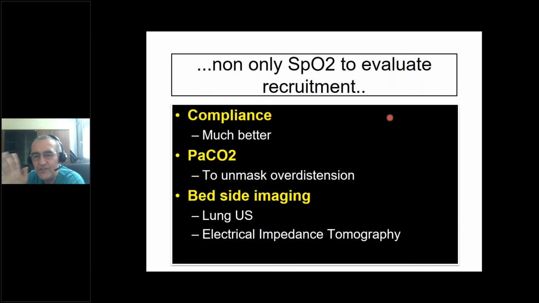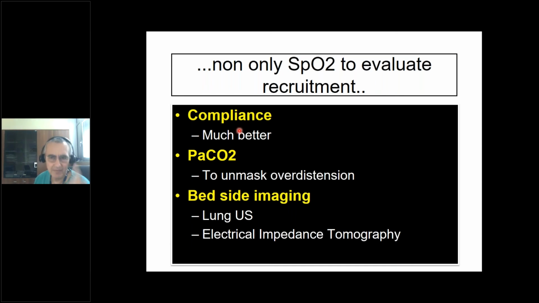I talk about saturation and PO2. This is the most convenient, easiest, but I do not think it is the best way to evaluate recruitability. PO2 is influenced by many factors, not only recruitment, but metabolic and circulatory ones. So maybe it is much better to evaluate changes in compliance following a recruitment maneuver.